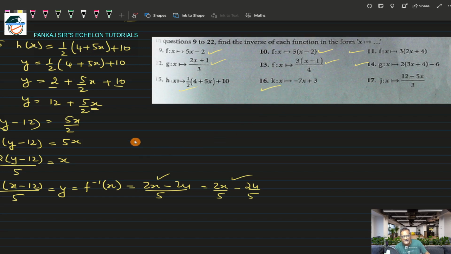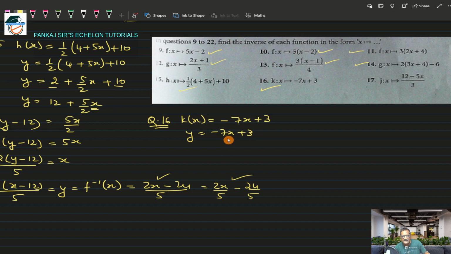Let us complete 16 also. Question number 16. It says that k of x is equal to, is it minus 7x plus 3? Yeah, it is minus 7x plus 3. So let this k of x be y equal to minus 7x plus 3.